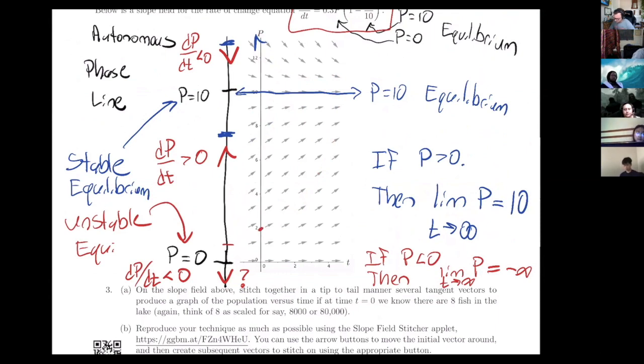So we started with a population, P of 0 was 2. And what we wanted to do was then approximate what the value is on the solution when T is equal to 2. So we kind of assumed that our slope looks like this, and then we stop it over there.